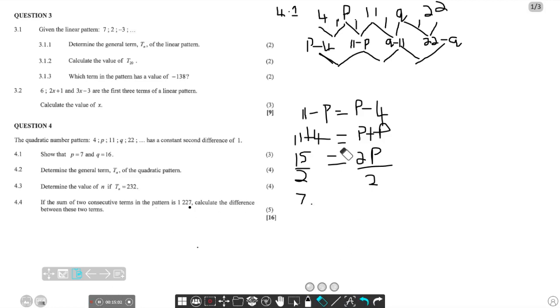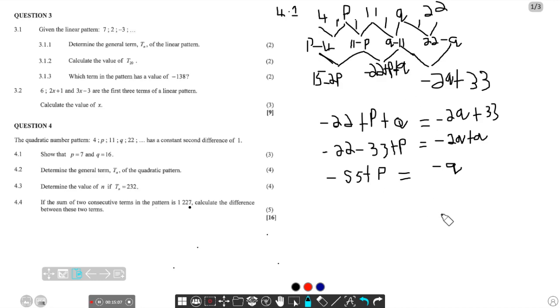Guys, we forgot to find our second difference. So here we're supposed to subtract. Remember that T2 minus T1 is equal to T3 minus T2, that's what we're doing right here. So I took negative 22 plus p plus q, this one over here, and I equated it with negative 2q plus 33 with this one over there. And then I made sure to isolate q, so here I'm going to divide by negative 1, and here I'm going to divide by negative 1.